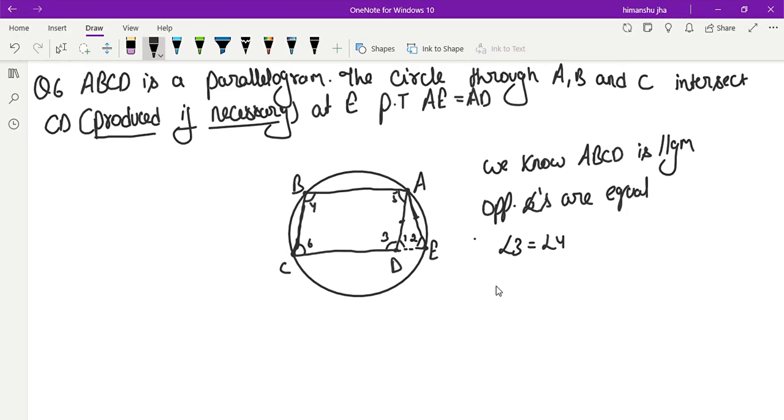And we already know angle 3 plus angle 1 is equal to 180 degrees, a linear pair. Angle 1 and angle 3 make a straight angle. Angle 1 plus angle 3 is equal to 180 degrees by linear pair. So let's call it equation number 1.